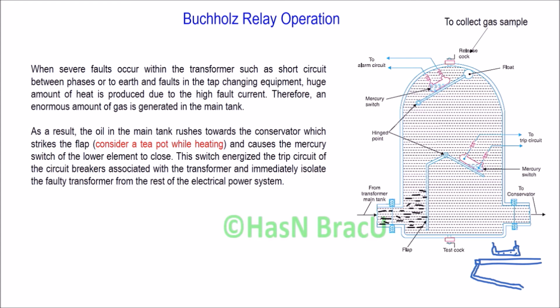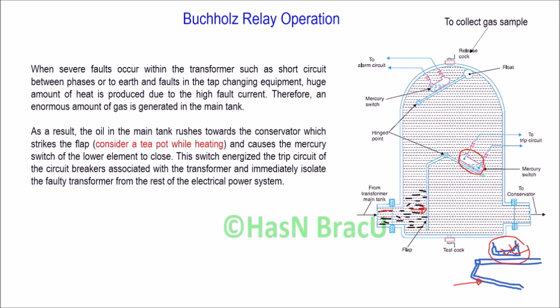So you can see here the rush of oil strikes the flap. When it strikes the flap, it causes the mercury switch of the lower element to close. You can see before the position was like this, but when the rush of oil strikes the flap, then the position of mercury switch becomes like this.